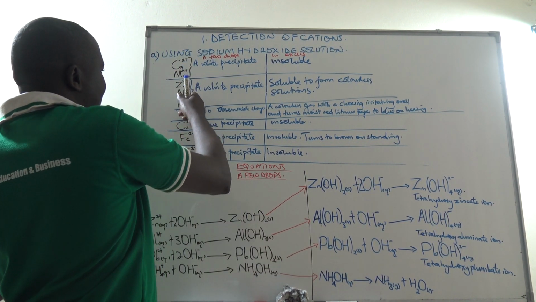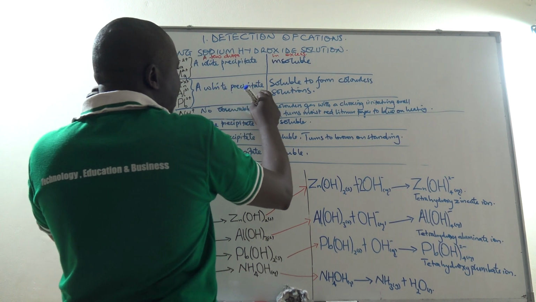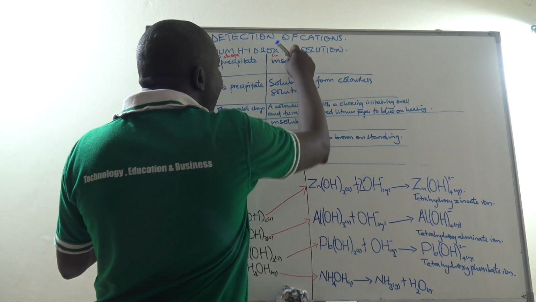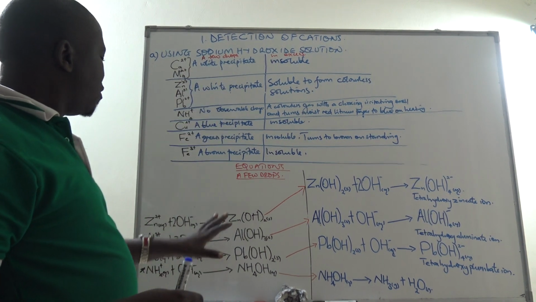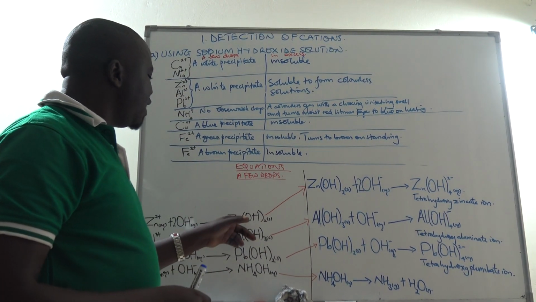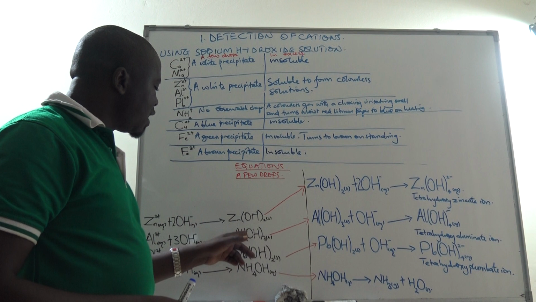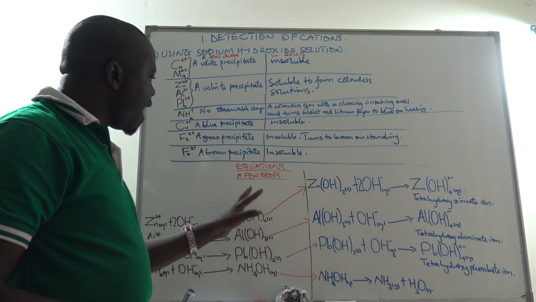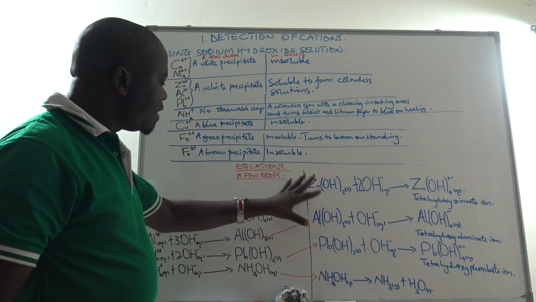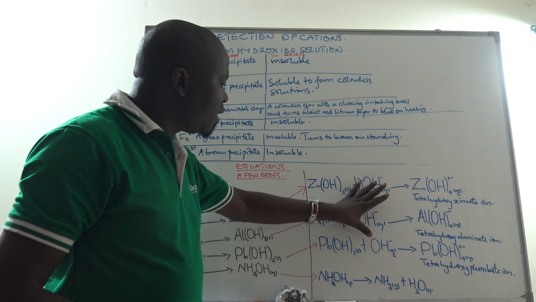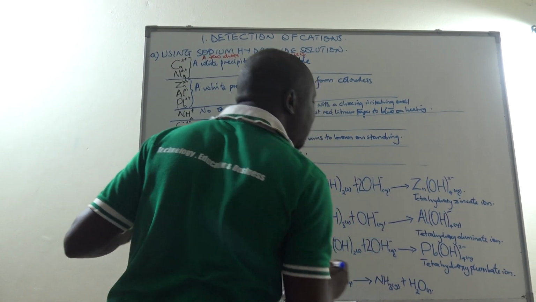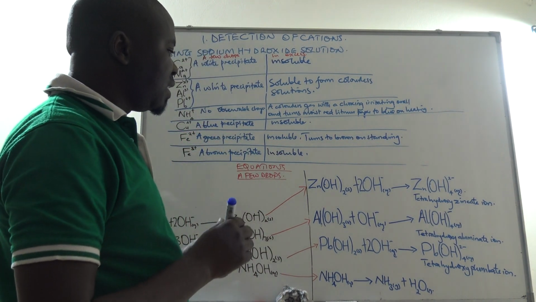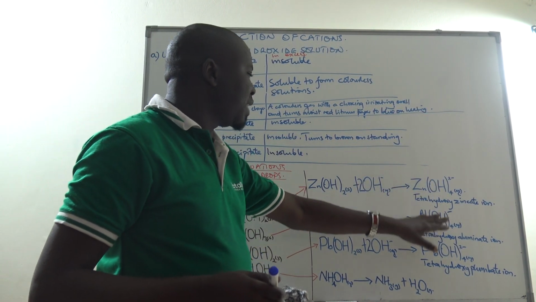So these first three cations here form a white precipitate which is soluble in excess to form a colorless solution. The formation of the white precipitate is all about precipitation of the insoluble hydroxides as for the first three. Then in excess we can see that they react with excess sodium hydroxide solution and produce colorless solutions, in this case which contains these complex ions.